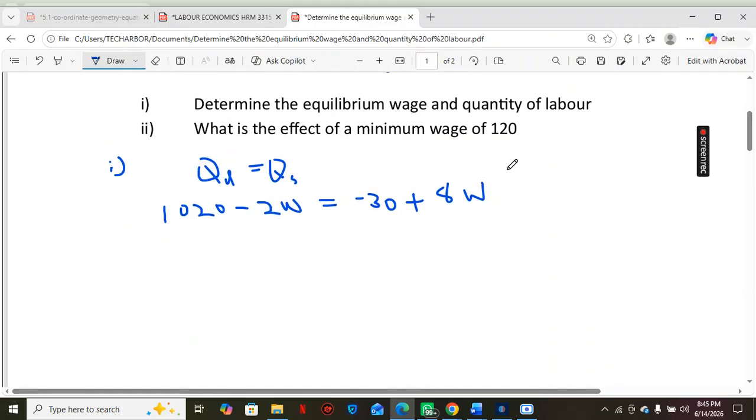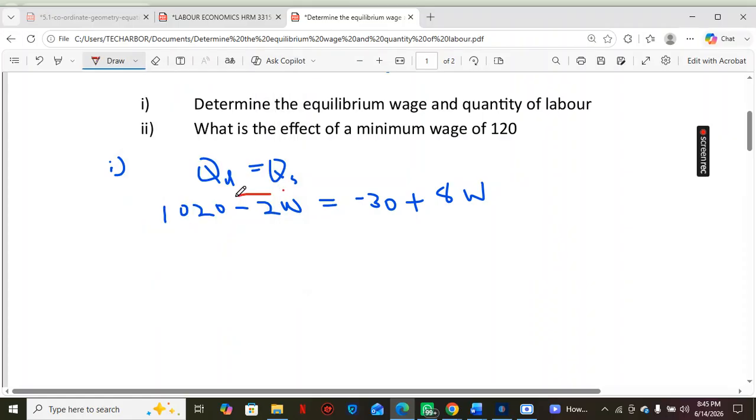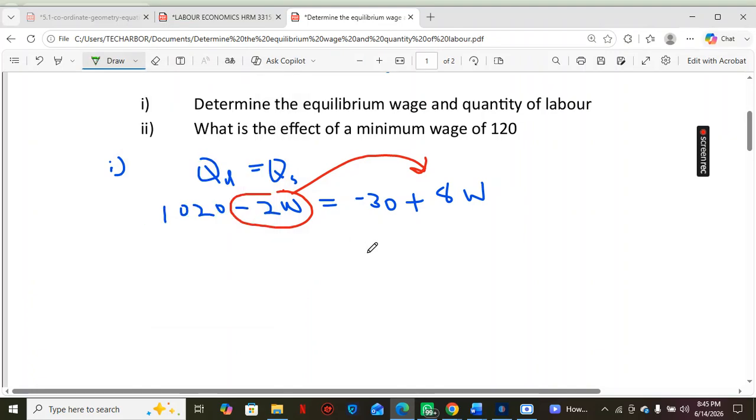Here you're going to group like terms together, because we first want to find the wage rate. This negative 2W is going to cross over the equal sign and become positive, and this negative 30 is going to cross over the equal sign and become positive.